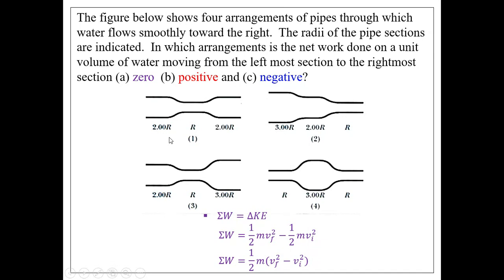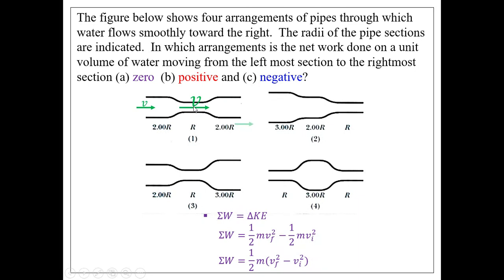I tried to draw to the best of my ability to scale here. So in diagram 1, the incoming velocity is just some v. And then I know that as it goes into a narrow section of the pipe, its velocity will speed up. So I drew here the v being longer and the variable v being larger.